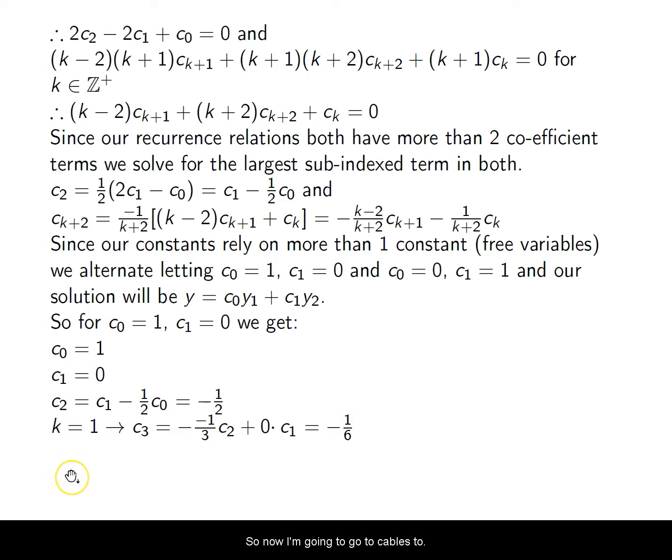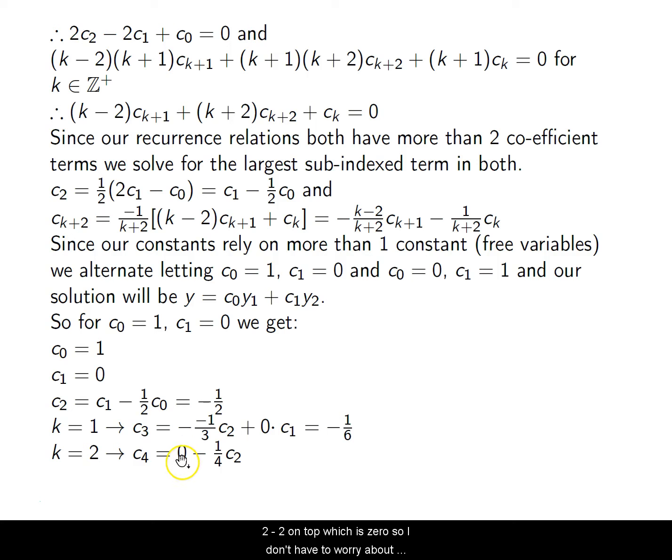So now I'm going to go to k equals 2. K equals 2 means that I have c of 2 plus 2, or c4. And then I'm also going to plug in 2 everywhere here. So notice when I plug in 2 here, this goes to 0. So this first term will be 0. And this will be 1 over 4 c2, because I'm at 2, right? And what is c2? Minus 1/2, right? So c of 2 plus 2, c4, equals 2 minus 2 on top, which is 0.